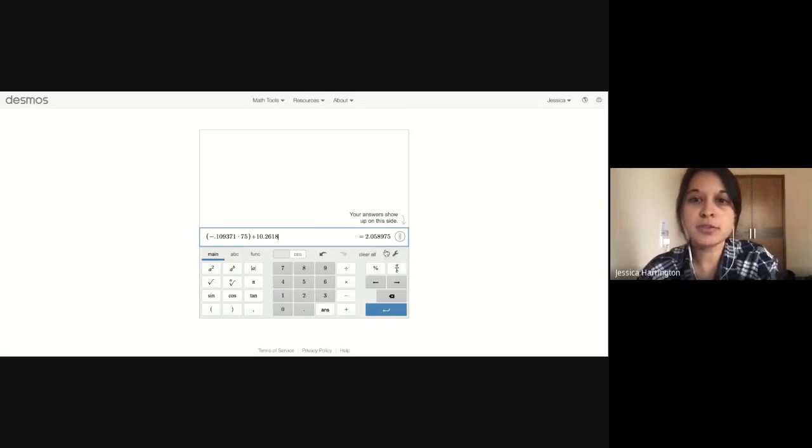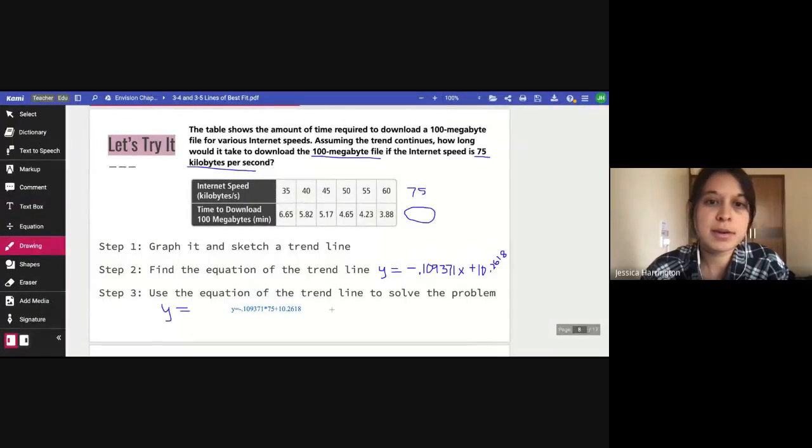Well, that ends up being 2.058975. So I'm just going to round that off to 2.06. So I'm going to type, that's about 2.06.